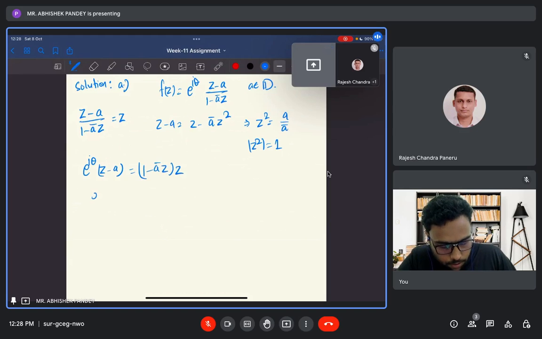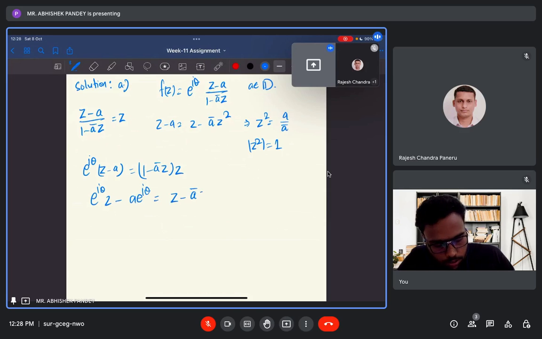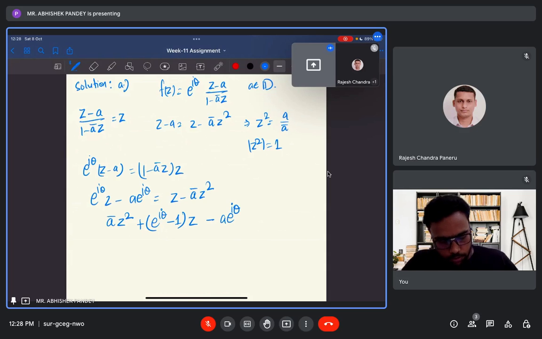This becomes a bar z squared plus (e to the power i theta minus 1) z minus a e to the power i theta.